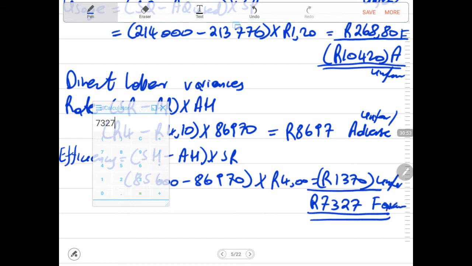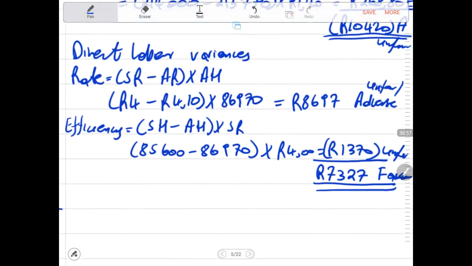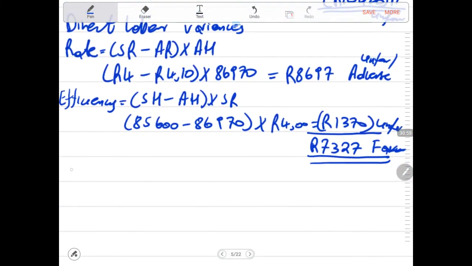So this will be favorable variance, 7,327. Then we do now our overheads variance. They said variable, so we know that we're focusing only on variable.